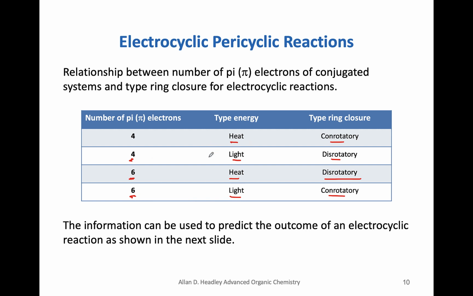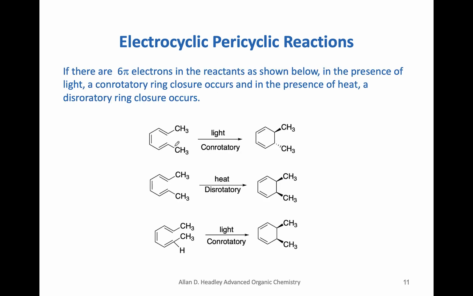We won't go any further than 6, but as you can imagine, if you go to 8, it goes back to the same as before. So let's look at an example here, which has 6, that is 2, 4, 6 pi electrons in the presence of light. It's a conrotatory ring closure. Notice the stereochemistry here. So we get this trans product. For the same molecule in the presence of heat, we get the cis product here because of the difference in rotations of the terminal carbons for the pi orbitals.